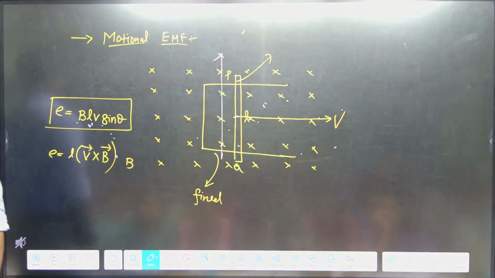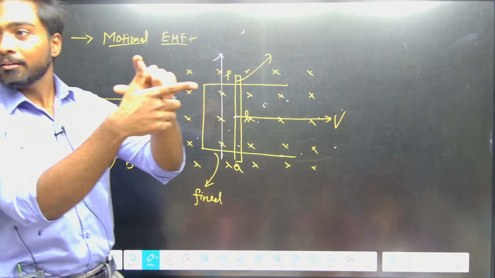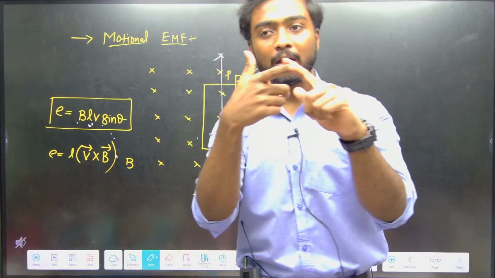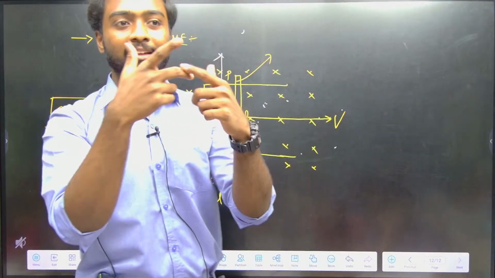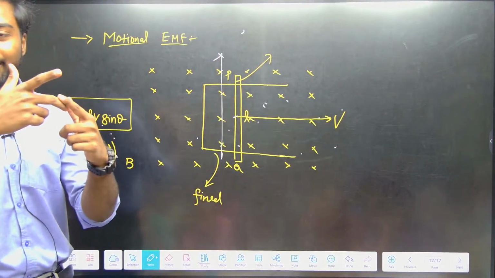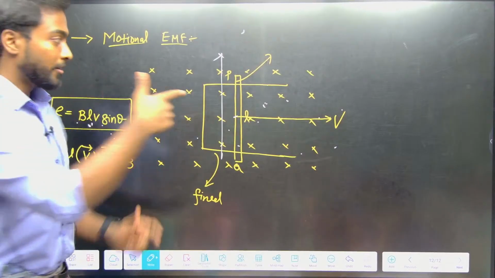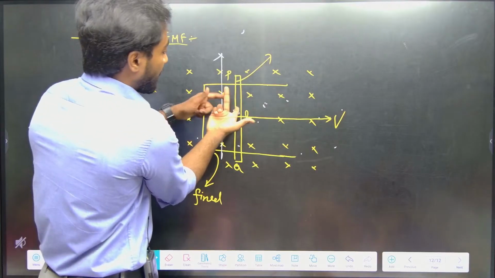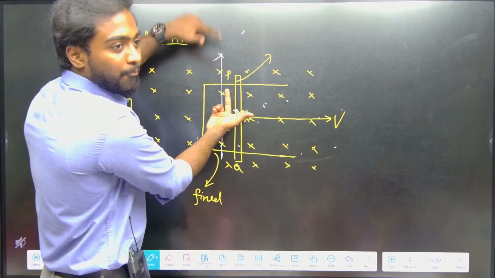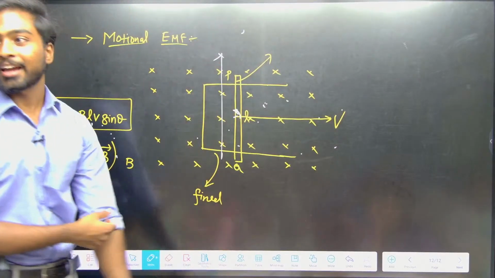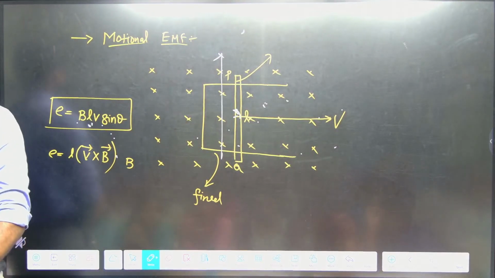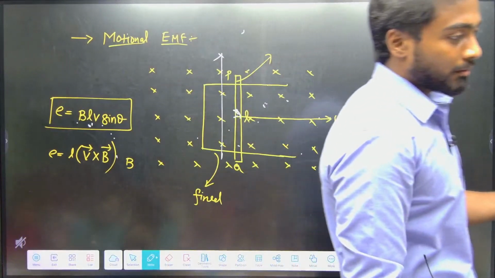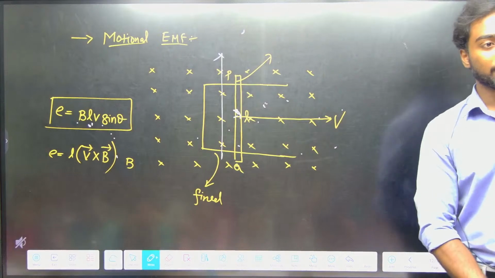Thumb finger, velocity; index finger, magnetic field lines; and the center finger, induced current. The field is inside, the velocity is this side, and the finger shows the upward direction. So for the diagram, the direction of the current is towards up.